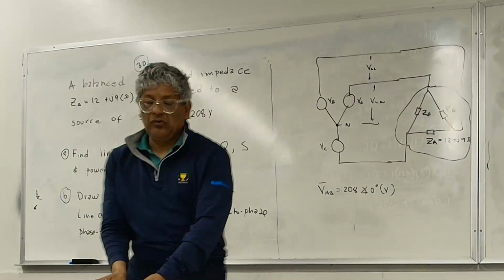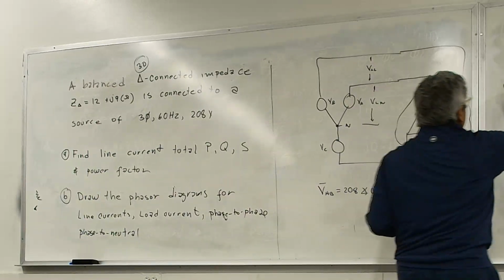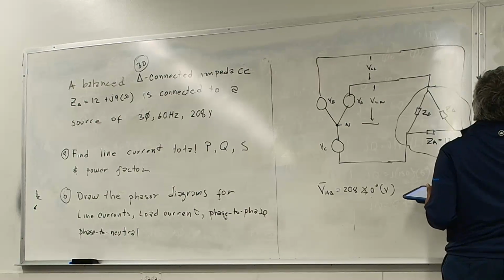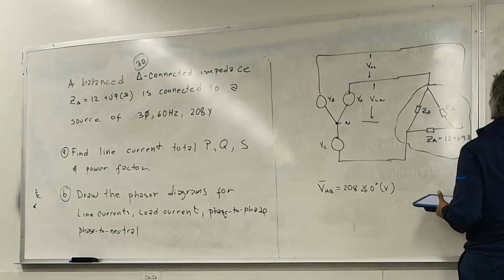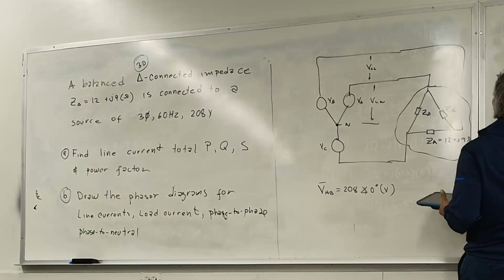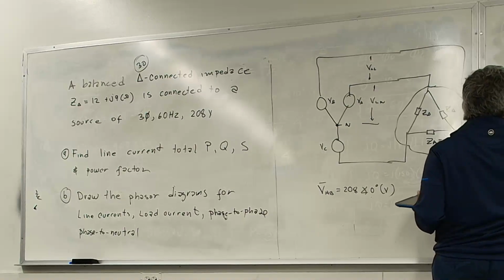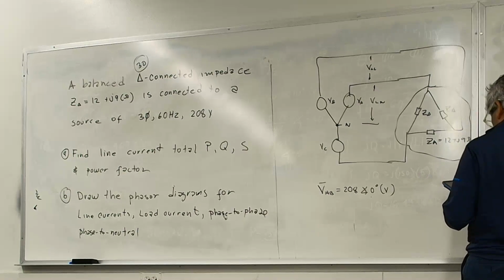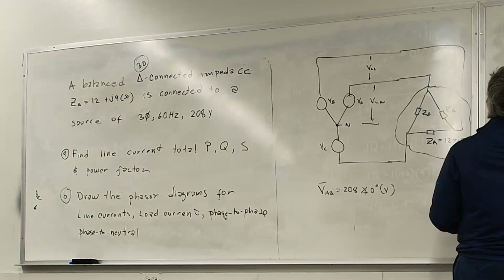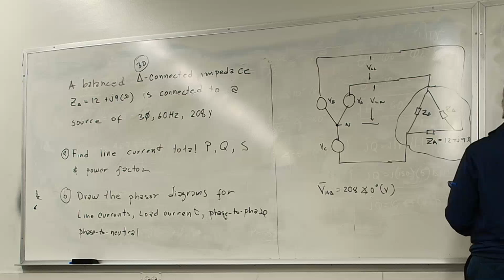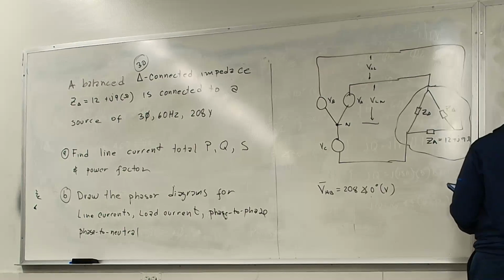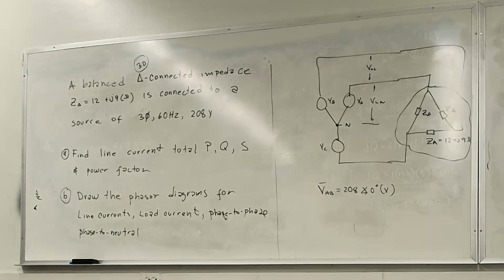So Z_Y is equal to 12 plus j9 ohms divided by 3, which is 4 plus j3. Everybody agree with me? I just divide this by 3.